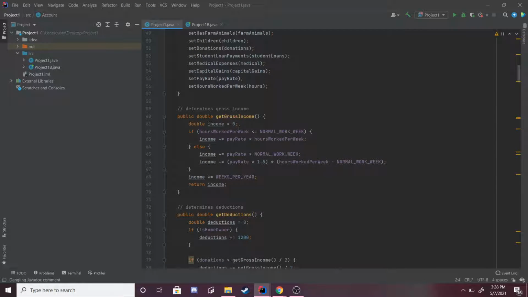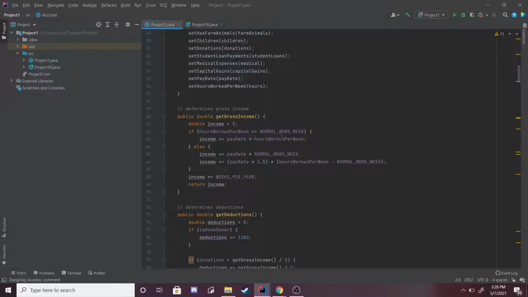Now we've got our getter for gross income. Our income is automatically set to 0. If the hours worked per week is greater than or equal to a normal week, then the income equals the pay rate times the hours worked per week.